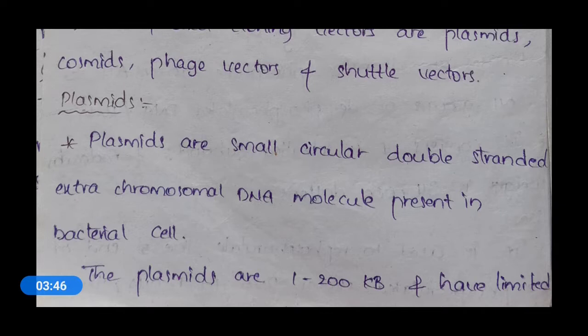For replication purposes, these should have genes, like the origin of replication and regulatory genes. So these are a few kinds of genetic markers on these plasmids.